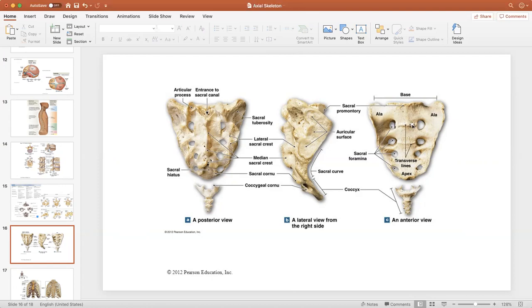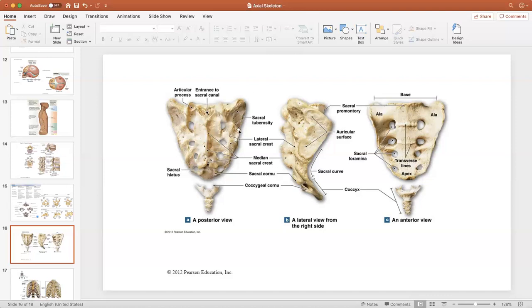And there are usually transverse lines that you can see where the vertebrae fuse. When you're an infant, this is not all fused, so it fuses later on. So you see these transverse lines where it has fused. You can see the broad articular surfaces right here, which attach to the ilium, which we'll look at in the appendicular skeleton.